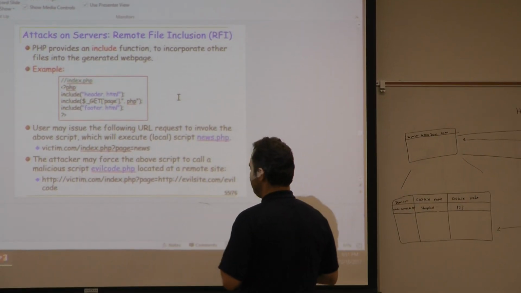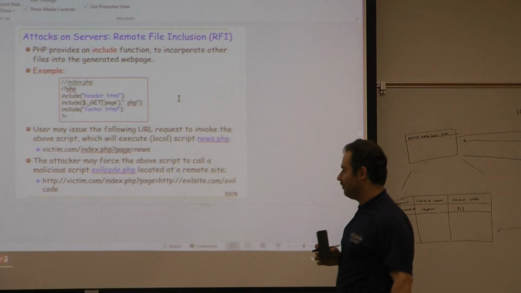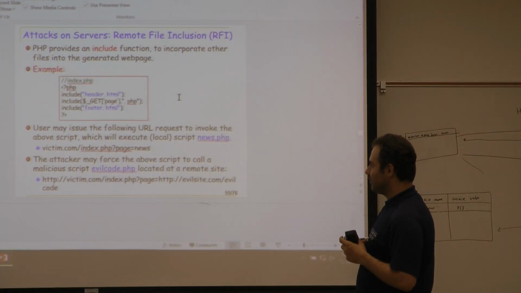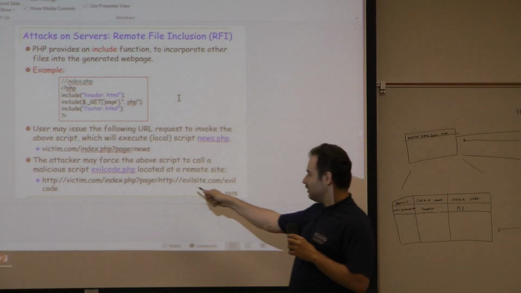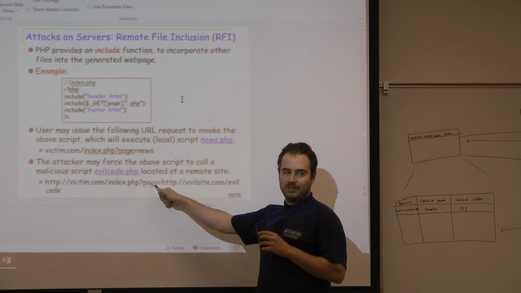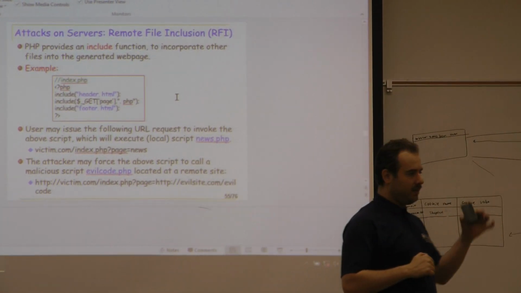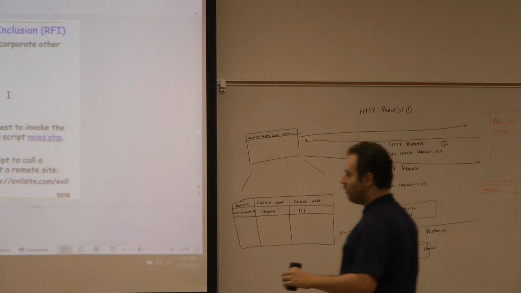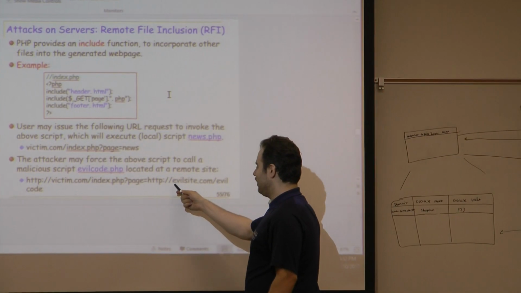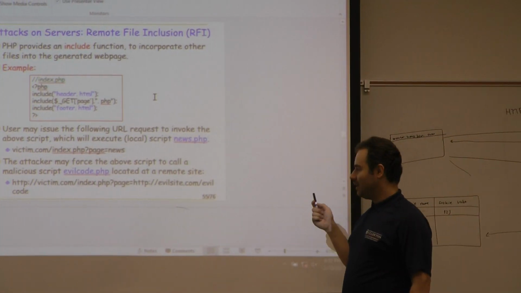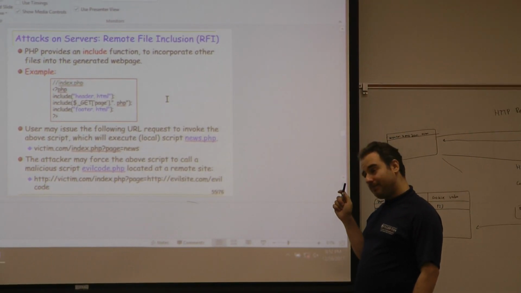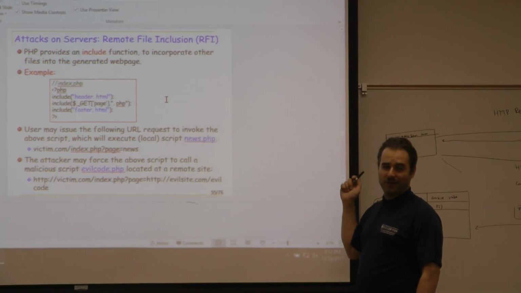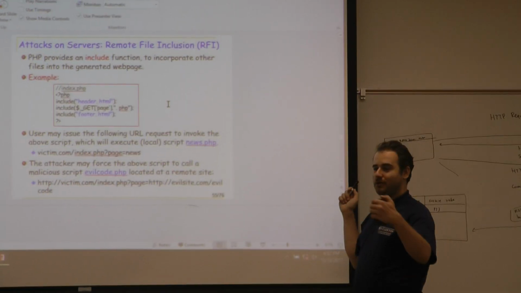Well, this could be bad because of the remote file inclusion attack. What I can do is, as the value of the page that I want to see, instead of adding some legitimate page on this website, I can supply the URL of some page on some other server. And the page just happened to contain malicious PHP code.